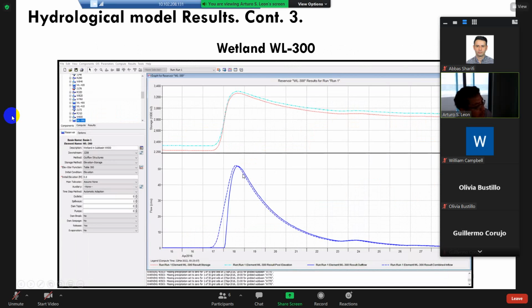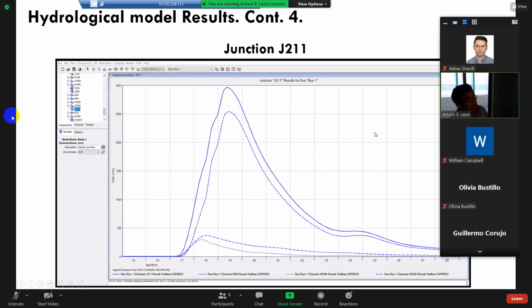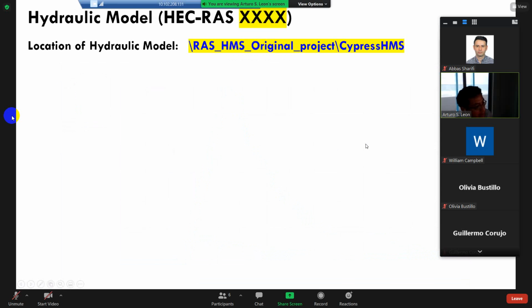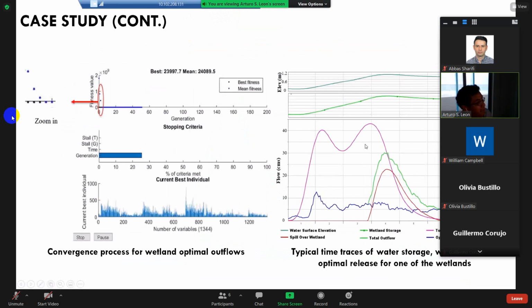You will start to produce inflows, how the storage changes in the wetlands or reservoirs. You will see the flows in the rivers. And then we will talk about the optimal values, and you will see how we can generate the optimal releases of multiple dams.